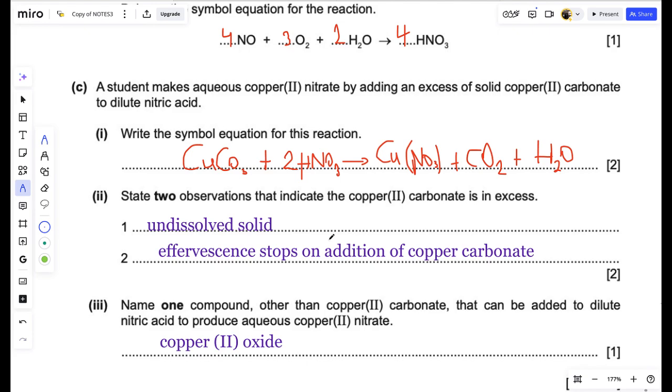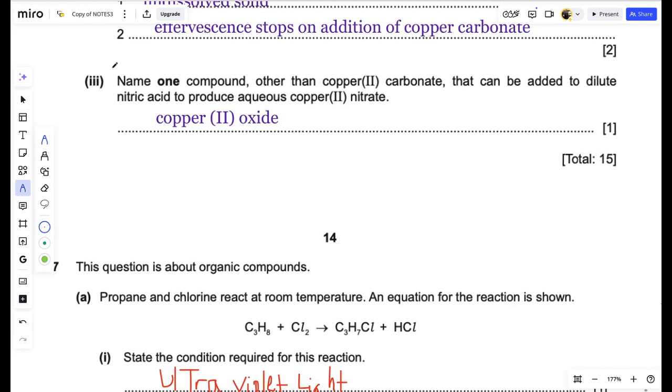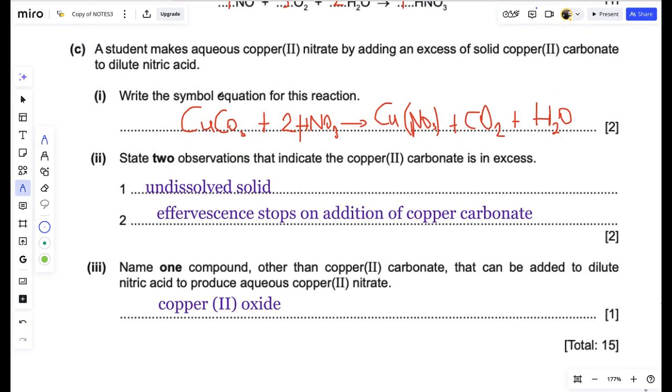If no more reaction is taking place, that means effervescence stops. It's about bubbles. Another word you can say is fizzing stops, or bubbling stops, or effervescence stops. That's how you know that it was in excess. It's more than the acid.